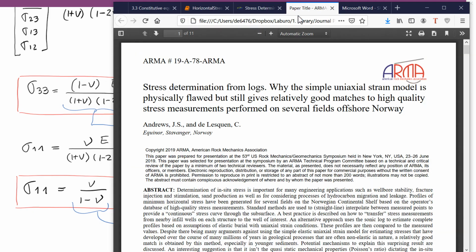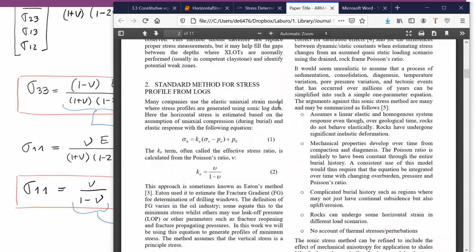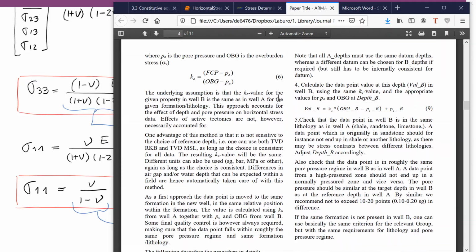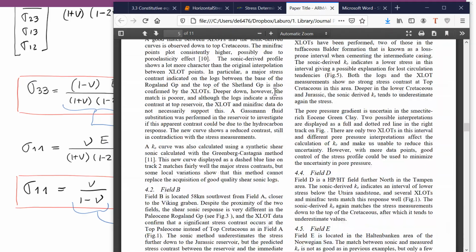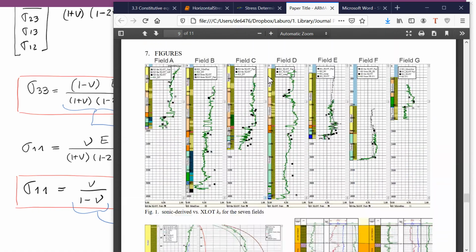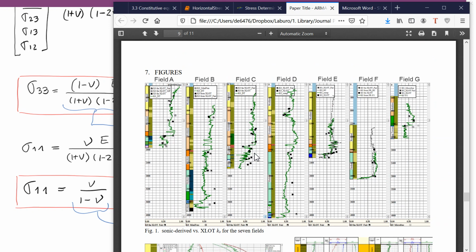Let's look at some results. You can see that the predictions in green from this model get very close to what is predicted with actual leak-off tests, which are used to measure the minimum horizontal stress.